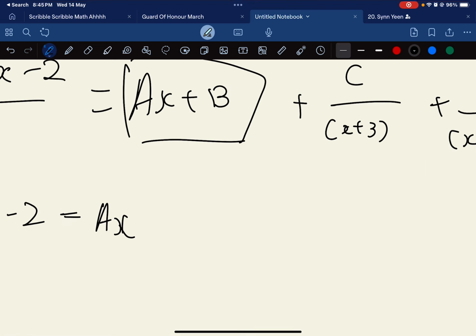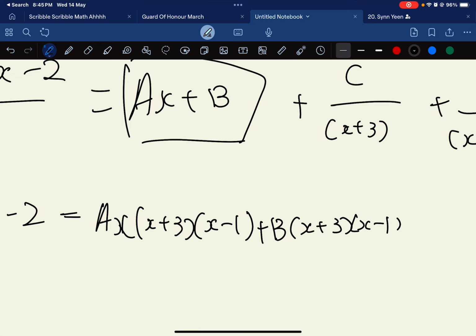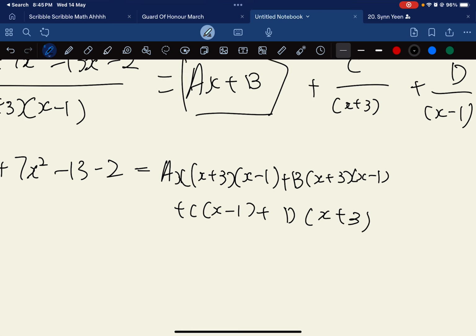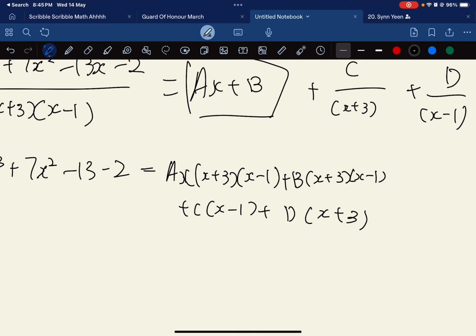So ax times x plus 3 x minus 1, plus b x plus 3 x minus 1, plus c x minus 1, plus d x plus 3. So, thought process: first you sub x equals to 1 here, and then you can find d. Wait, let me use x equals to minus 1, so you can find d, because x minus 1 disappears.